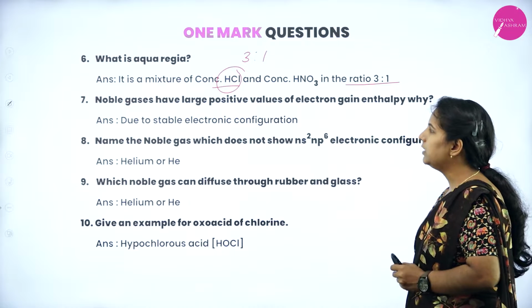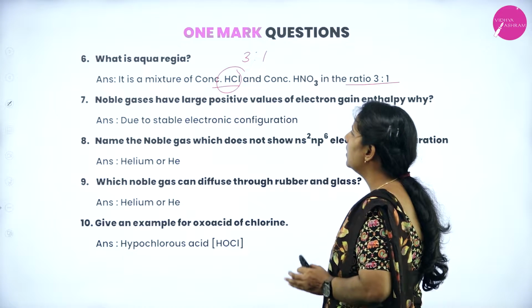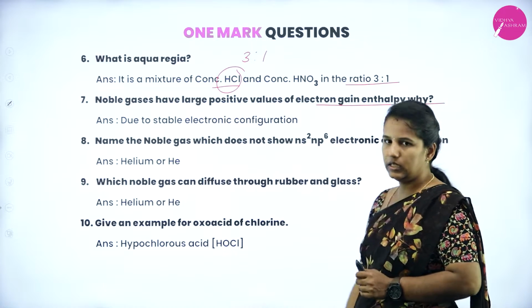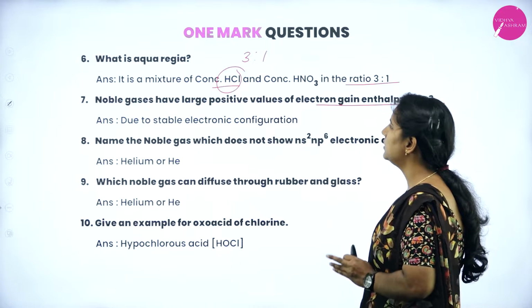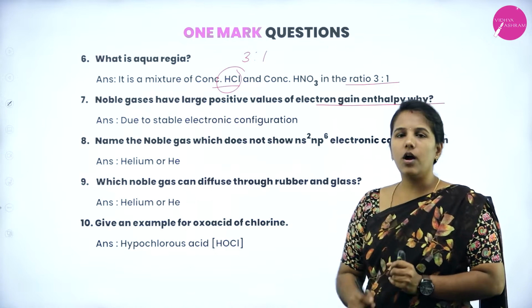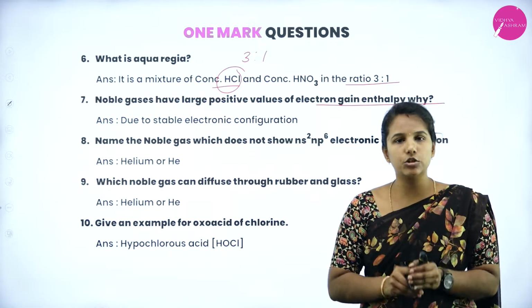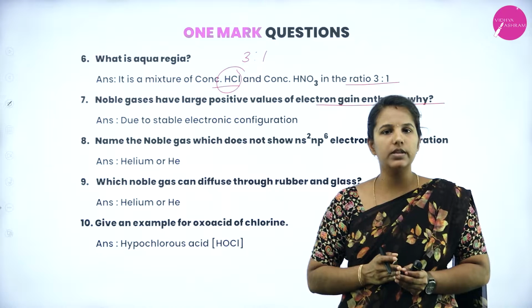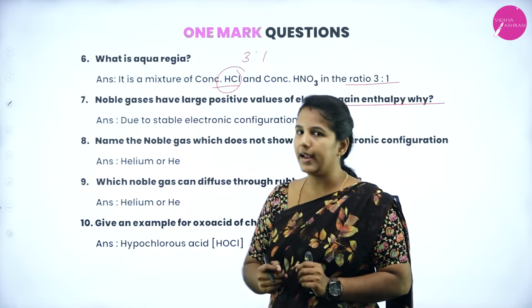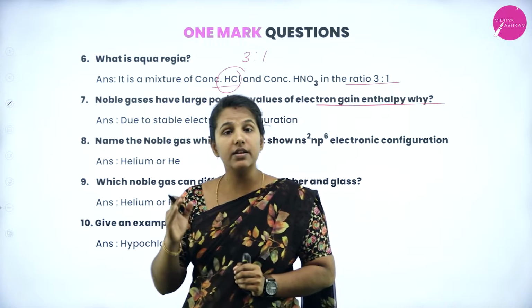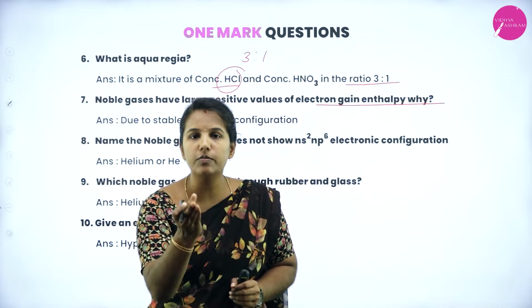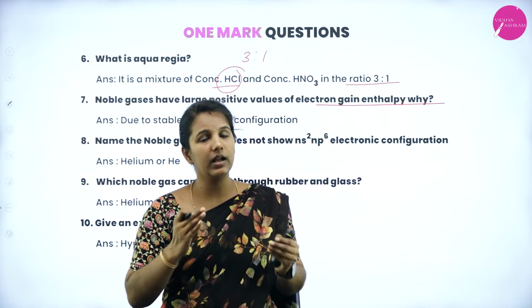Okay. Name the gases which have a larger positive value of electron gain enthalpy. Noble gases have a larger positive value of electron gain enthalpy. Why? We already know that the last group elements, the group 18 elements, are stable because of the completely filled electronic configuration. Since they are very stable, we cannot easily add an electron to the group 18 elements because they are completely filled.